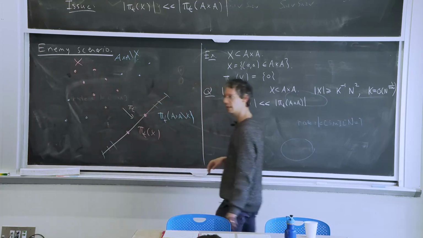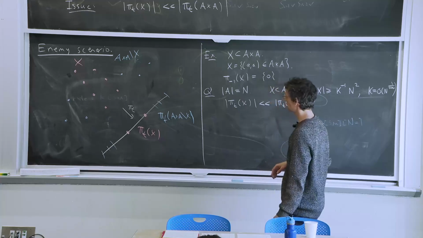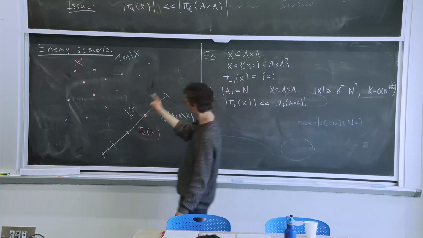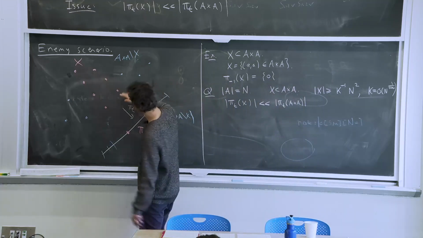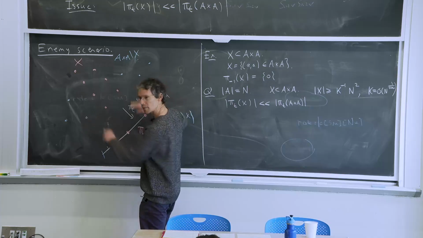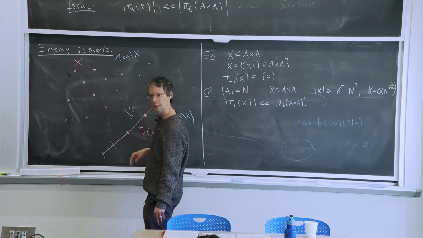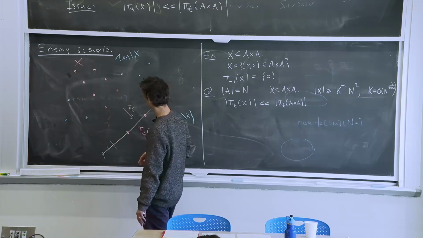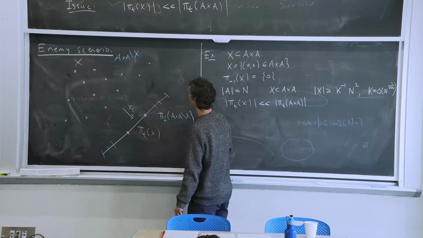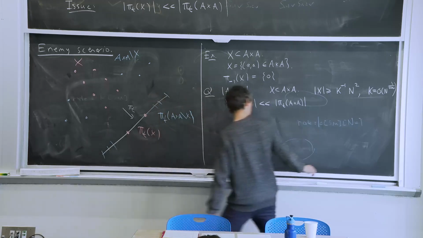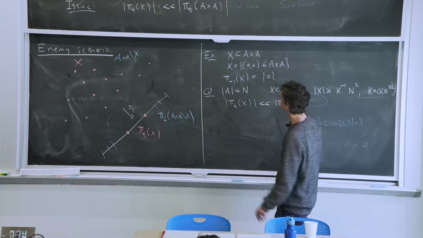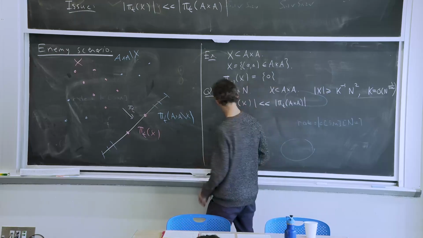Yeah. That's right. So in this enemy scenario, there have to be some very big fibers and some much smaller fibers. They have to be kind of different from each other. Yeah. OK. But let's see if we can think of an example where this happens. I think what I should erase.